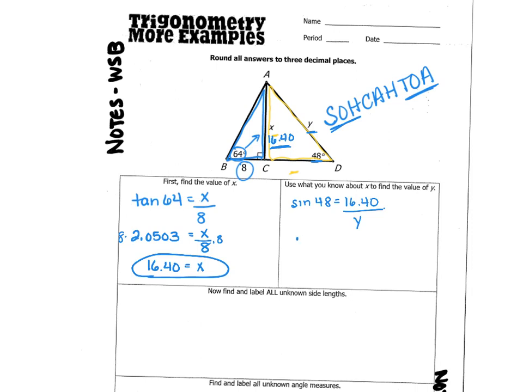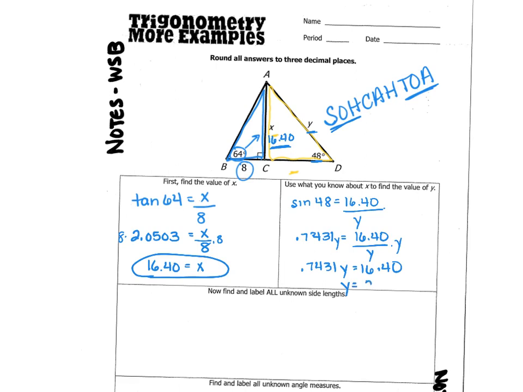which is 0.7431 equals that 16.40 over y. I'll multiply both sides by y, so I really have 0.7431y equals 16.40. I want y by itself, so I will take 16.40 divided by 0.7431.